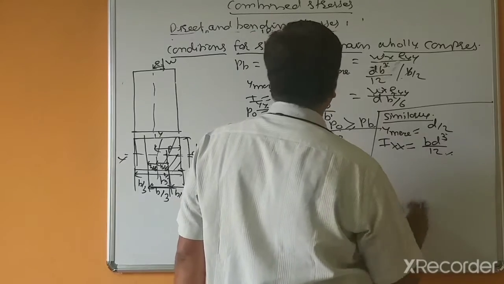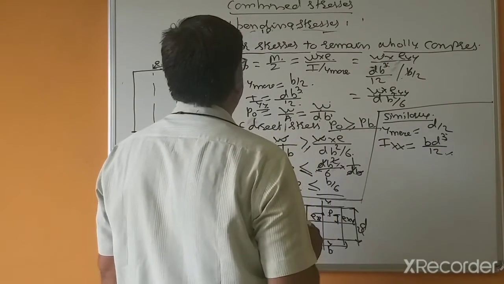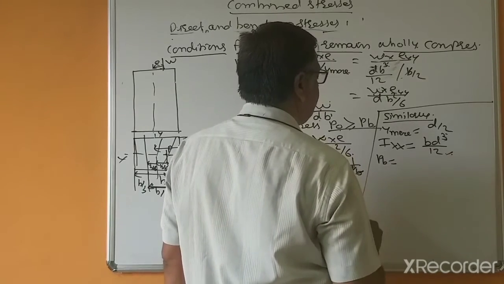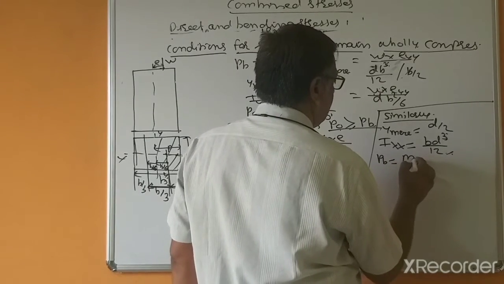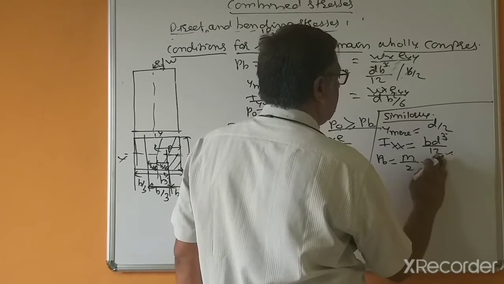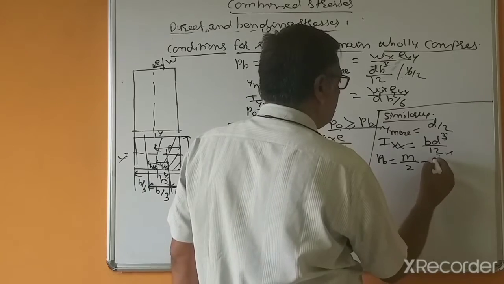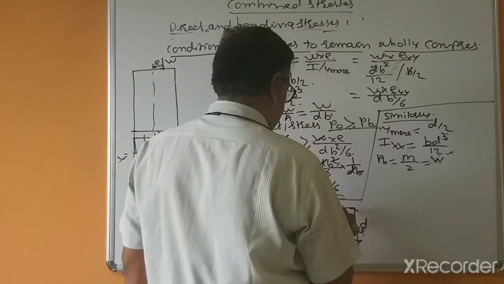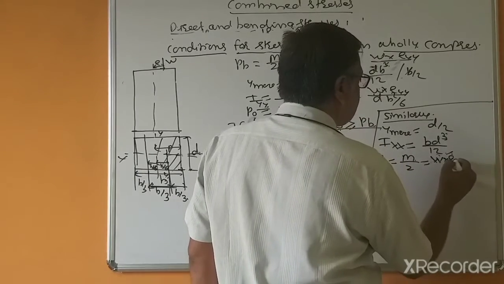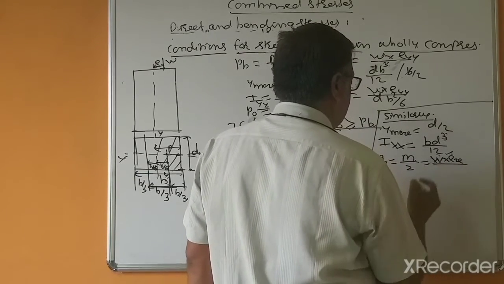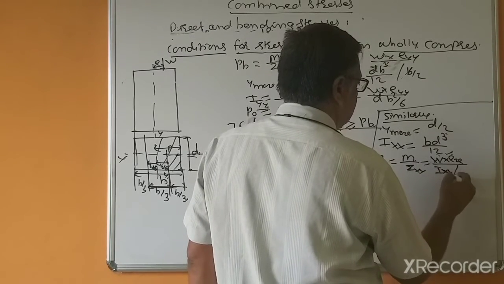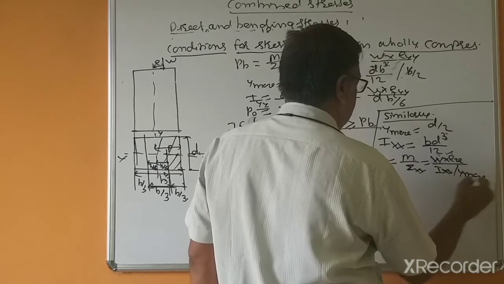Now PB equals M divided by Z, where M is W into EX, divided by section modulus, IXX divided by Y max.